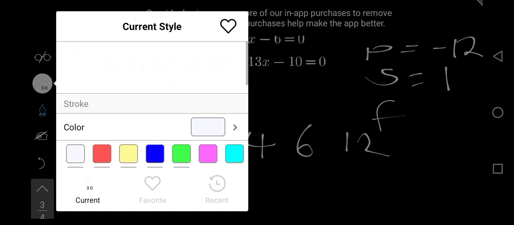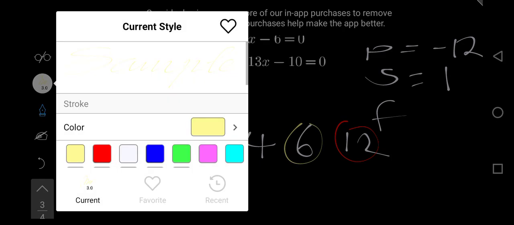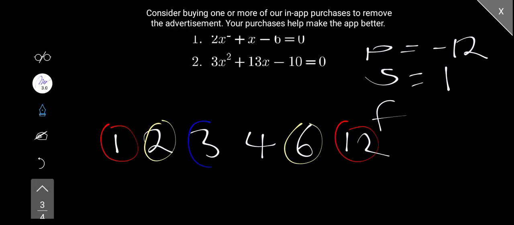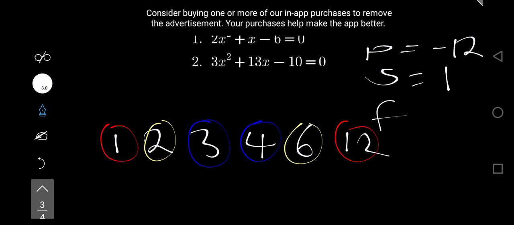The first one I'm using red, so red goes with the red there, then this one goes with the yellow, and the last one I will use blue.